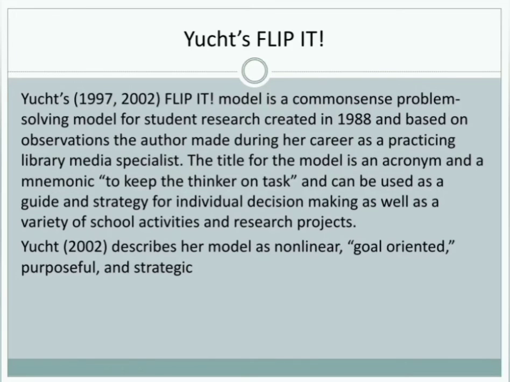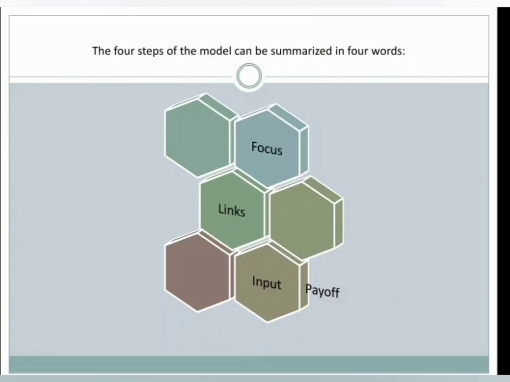The title for the model is an acronym and a mnemonic to keep the thinker on task and can be used as a guide and strategy for individual decision making as well as a variety of school activities and research projects. Yoshina 2002 describes her model as non-linear, goal-oriented, purposeful, and strategic.